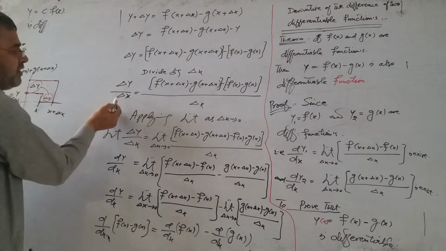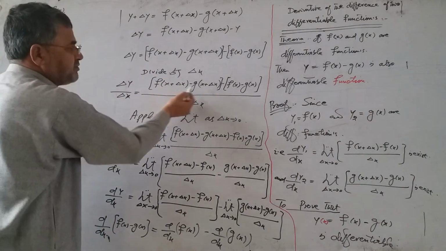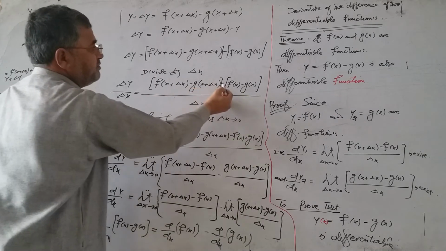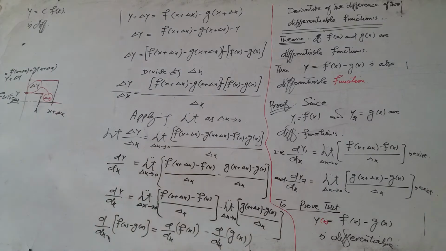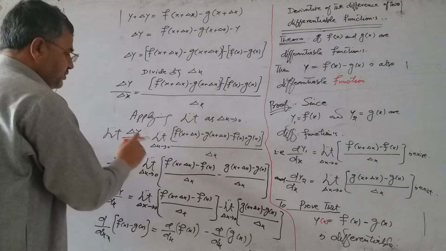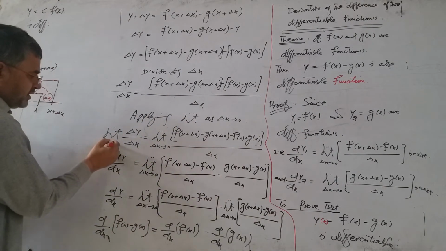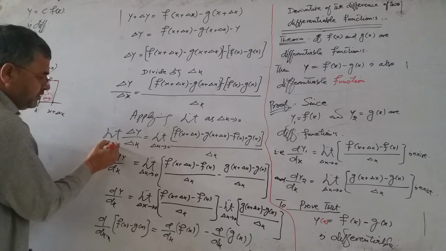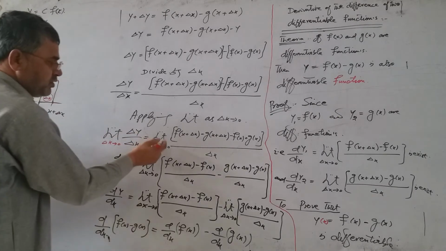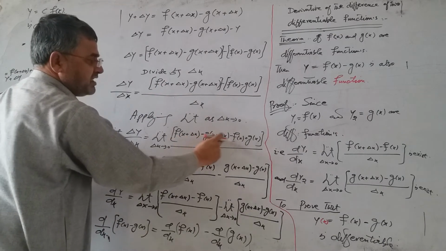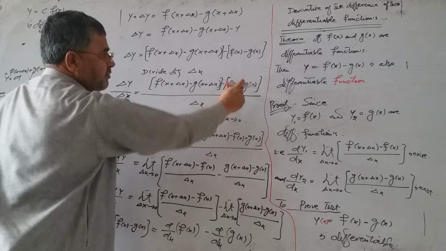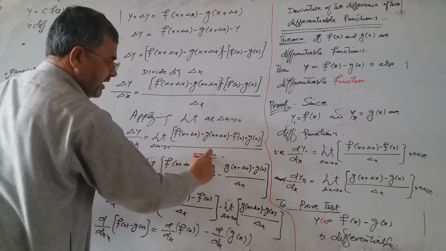We have del y divided by del x is equal to f of x plus del x minus g of x plus del x minus f of x minus g of x, the whole divided by del x. Now, if I take the limit as del x tends to 0, we have the limit as del x tends to 0 of del y divided by del x is equal to the limit of f of x plus del x minus g of x plus del x minus f of x plus g of x, the whole divided by del x.